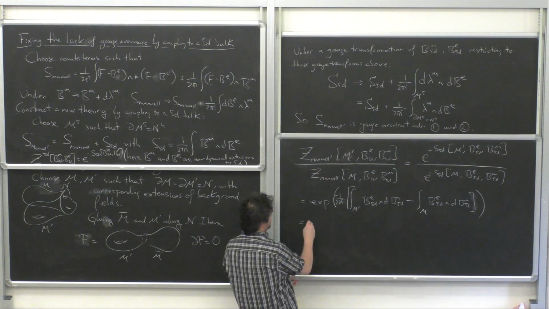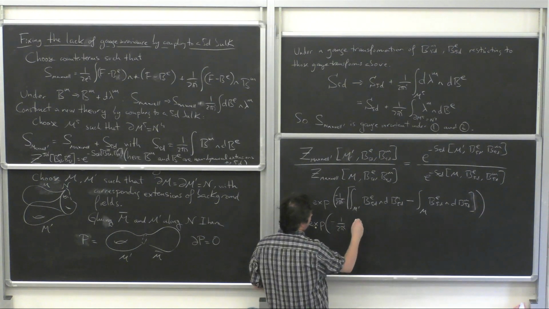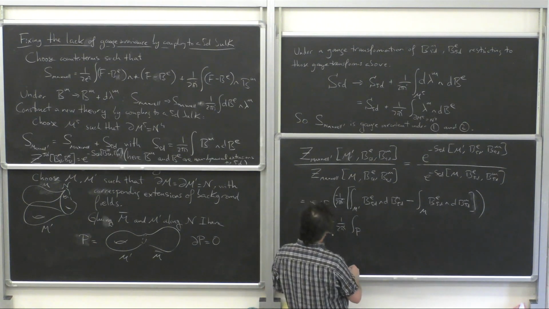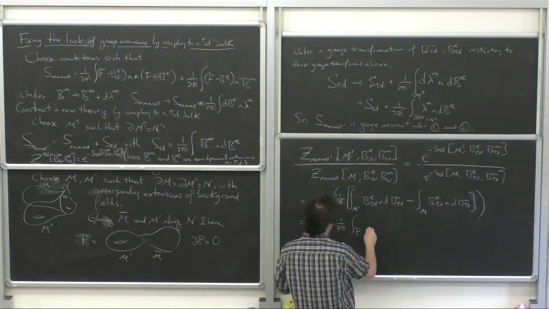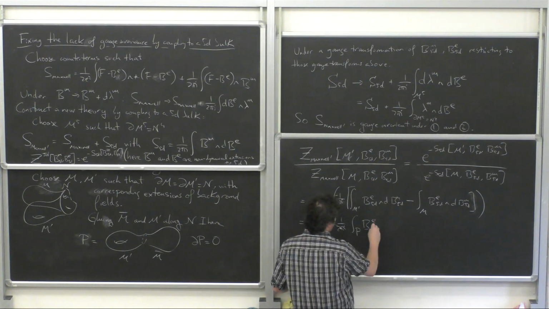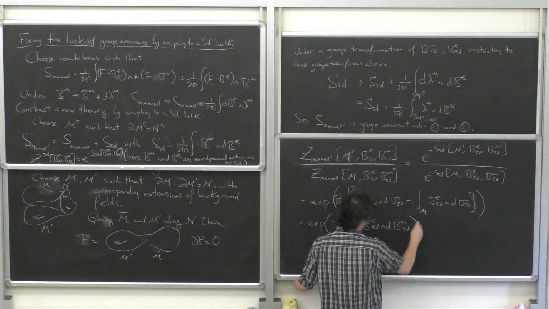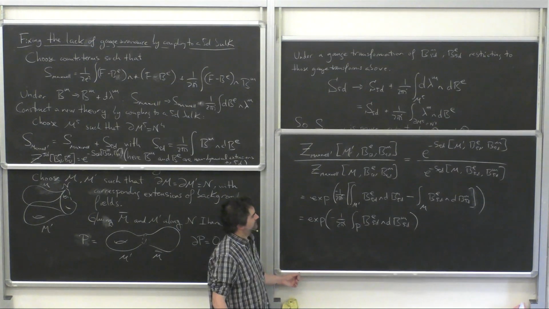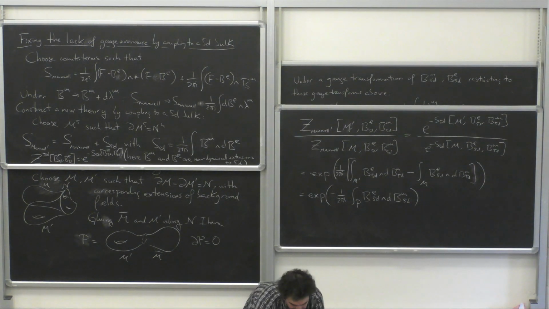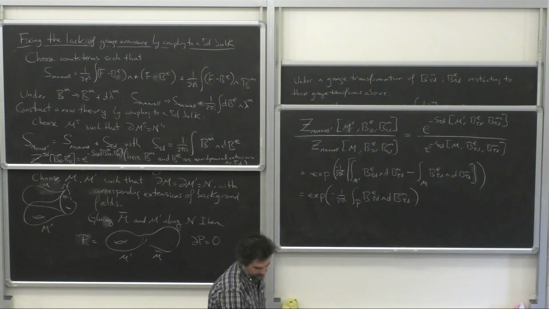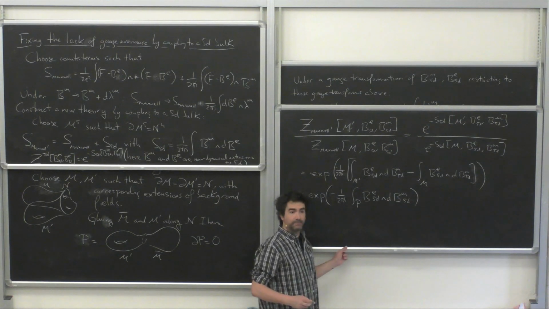And of course, that's just the exponential of some phase, 1 over 2 pi, integral over P, assuming I choose my conventions reasonably, of B_E 5D which d B_M 5D. And generically, this is different from 1.